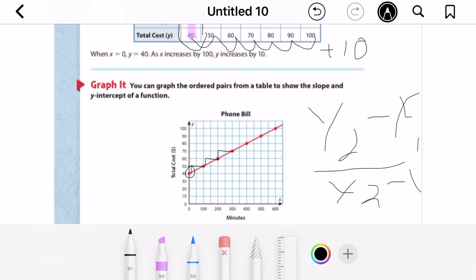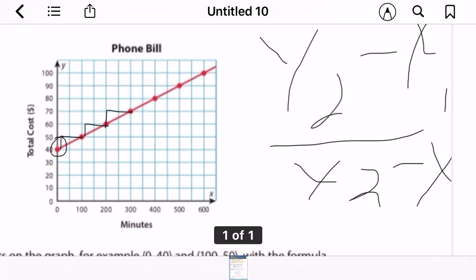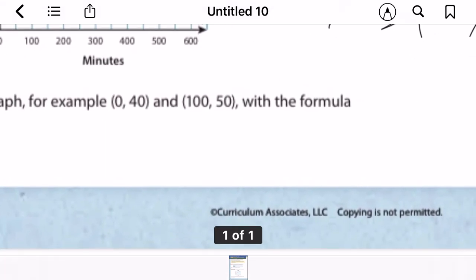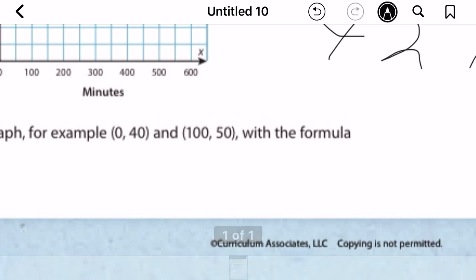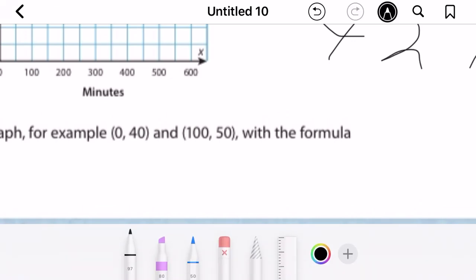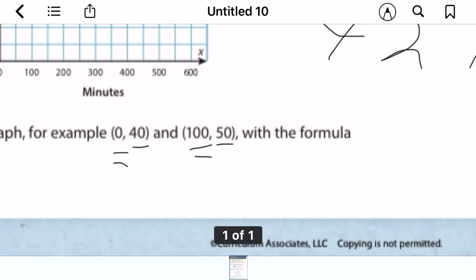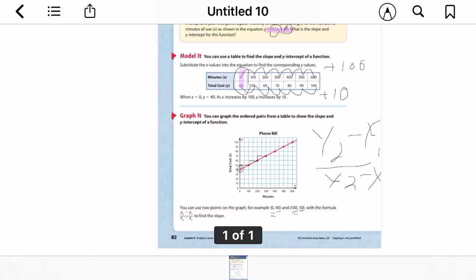If we plug numbers in, you take the y2 value, which is 50, minus 40. So 50 minus 40 is 10, over x2 minus x1, 100 minus 0. So 10 over 100 is once again going to be 1/10 when we reduce that.